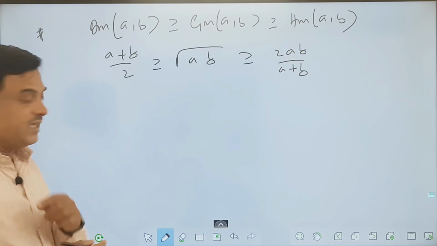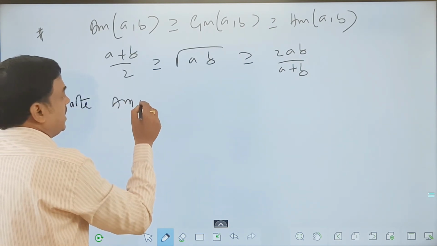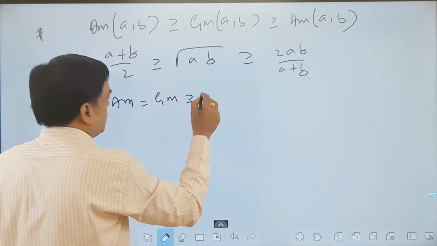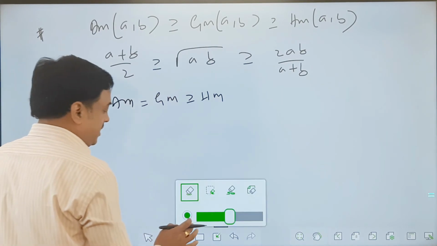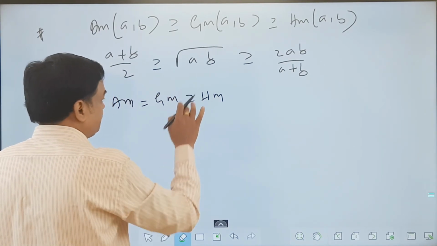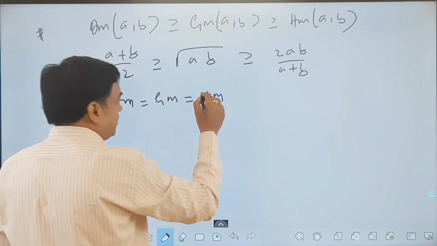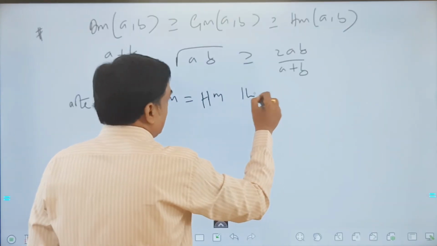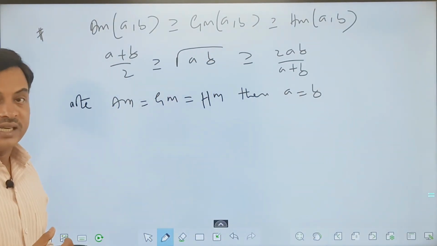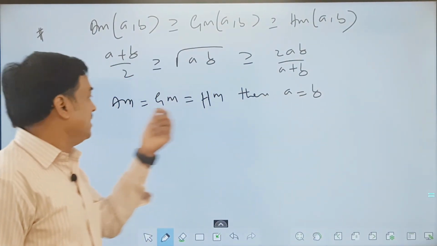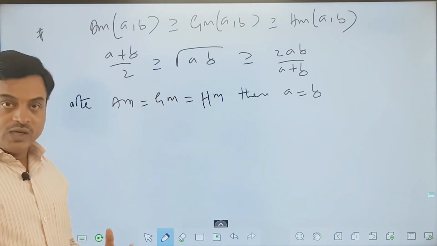Now there is only one case here, note it down. If AM is equal to GM is equal to HM is given as a condition, then definitely a is equal to b, or vice versa. That means if a is equal to b, then AM, GM and HM of the same numbers will all be equal.